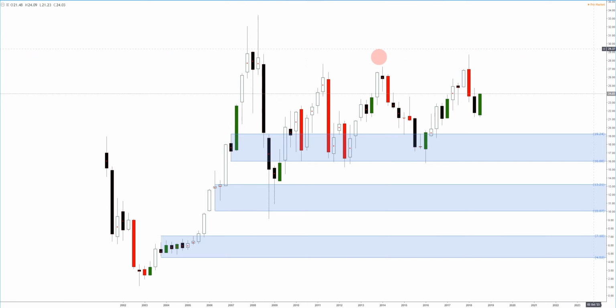And that is what usually happens. So it just can close over here, and then these rejection candles, and it drops all the way down to this area of demand over here, and it happens that it is eliminated.